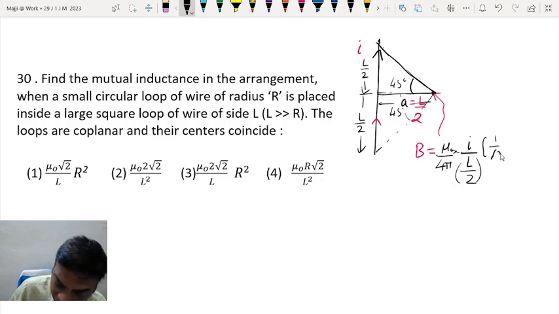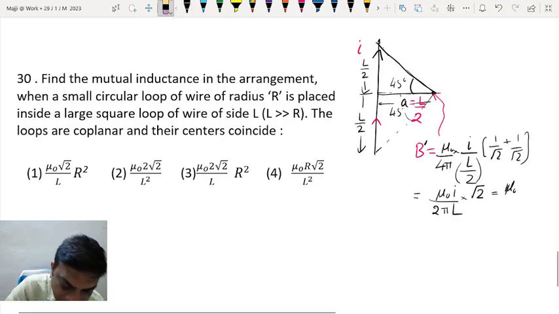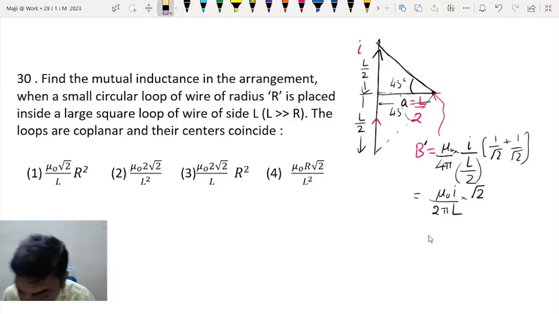So sine 45 degree plus sine 45 degree. I'll take this as B dash. So this will be mu 0 I by 2 pi L into root 2, which can further be written as, or I'll keep it like this.